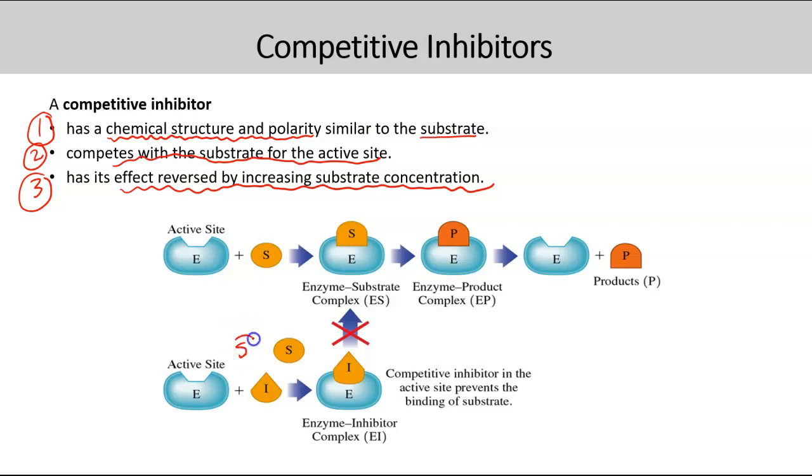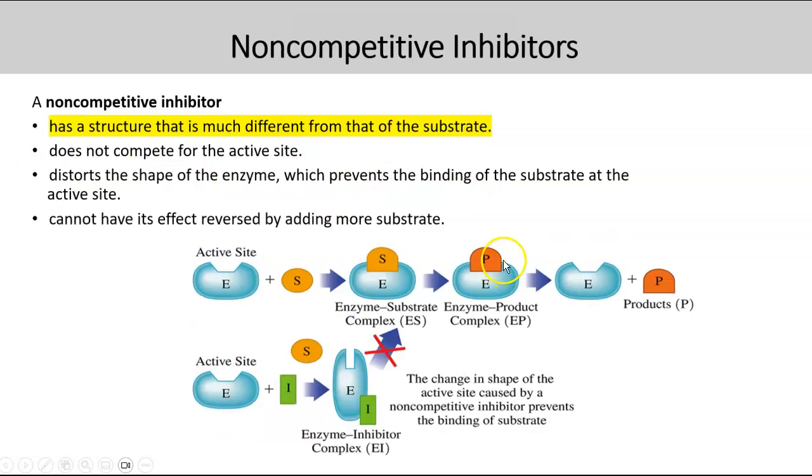If there is more substrate, there is less chance for inhibitors to bind to the active site, so we can make it possible for the reaction to happen. So that's about competitive inhibitors.